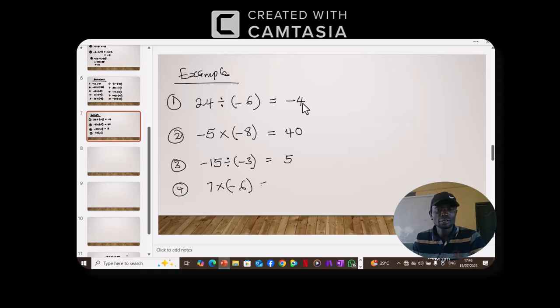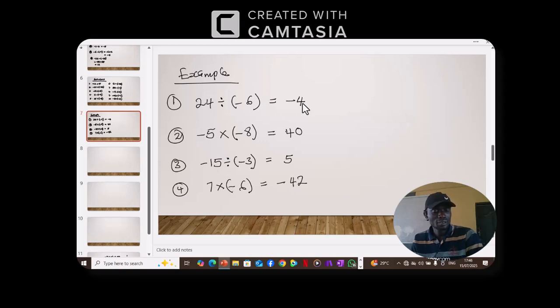Because 7 is positive and 6 is negative, when you multiply them together, the answer must be negative. So it's going to be minus 42. 7 times 6 equals 42. So you follow the order like that.